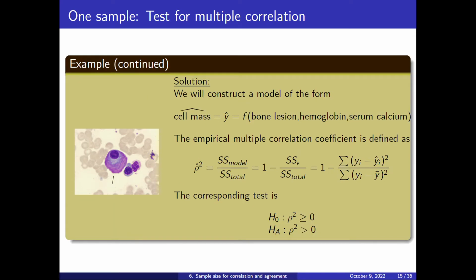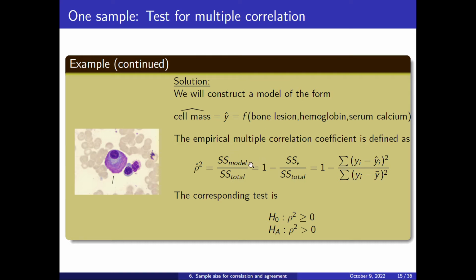Okay, so let's see. You will construct a regression model in this way, whatever function this is. You will try to predict the cell mass as a function of the bone lesion, hemoglobin, and the serum calcium. And once you have your predictions, you can make the following calculation.